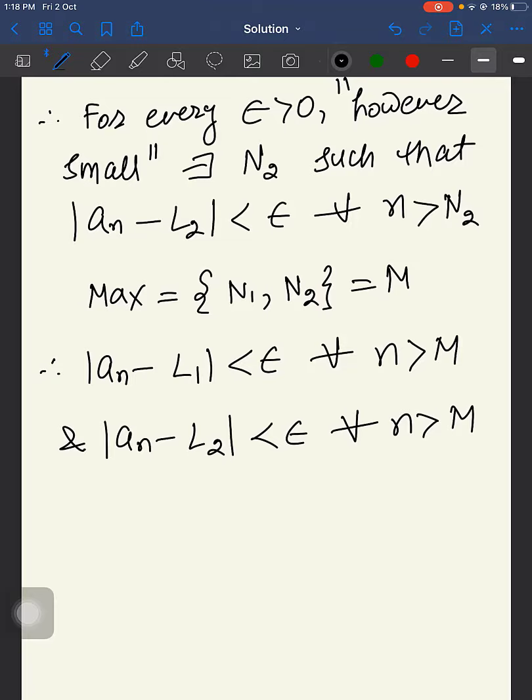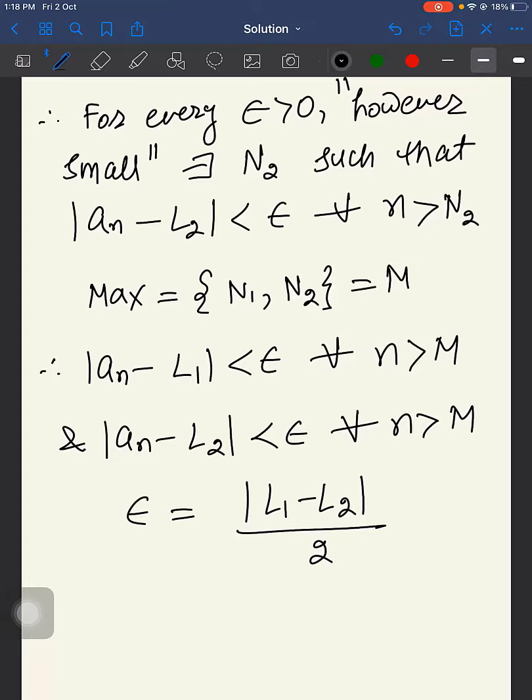Now this will hold for every epsilon. Now we'll find such an epsilon such that this whole thing will not make any sense. We'll choose that epsilon very sensibly, and that epsilon is |L1 minus L2| by 2. So take the absolute difference of L1 and L2 and divide it by 2.